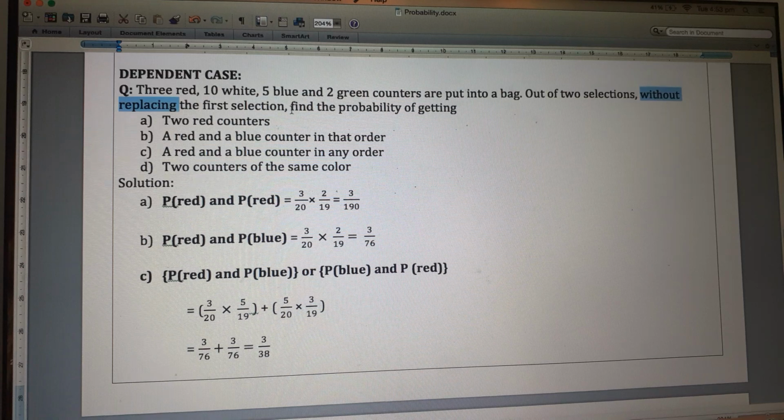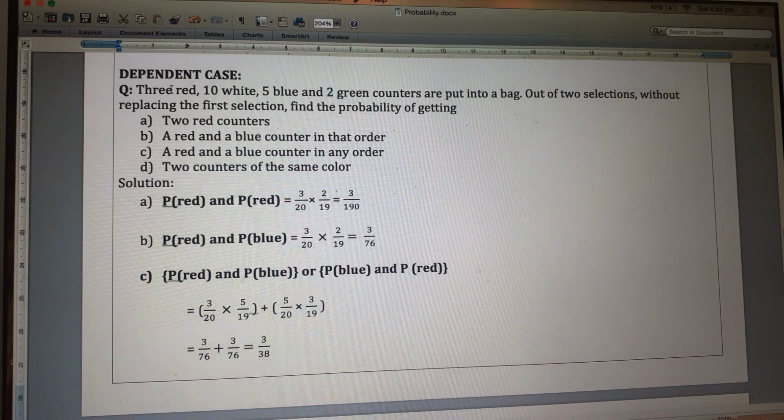So find the probability of getting 2 red counters. Now, probability of first red counter when I have a total of how many counters? If I count 3 red plus 10 white, 10 plus 3 is 13, plus 5 is 18, and 2, total counters are 20.